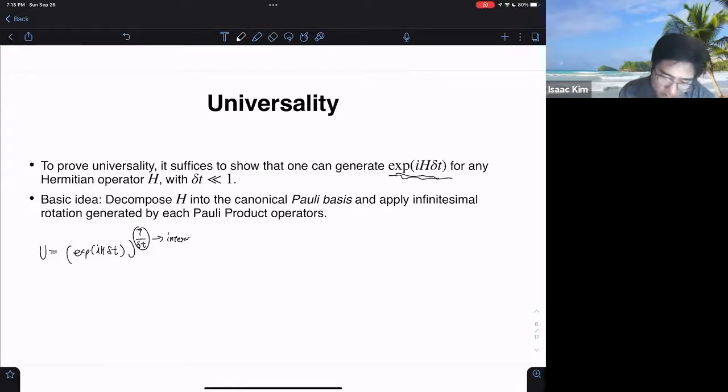By making delta t very, very small, you can expand this exponential of iH delta t. The idea is the following.